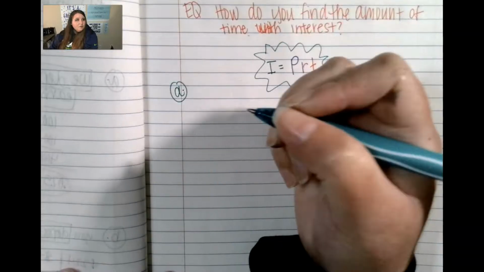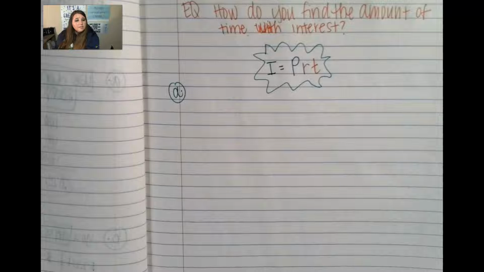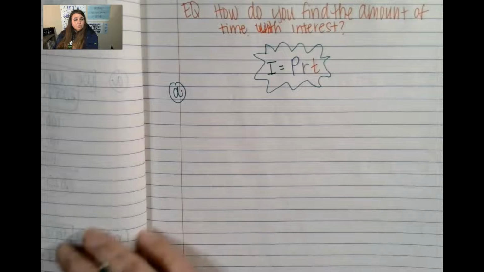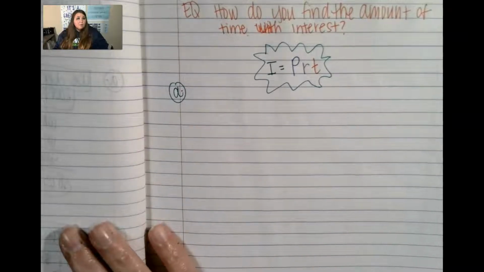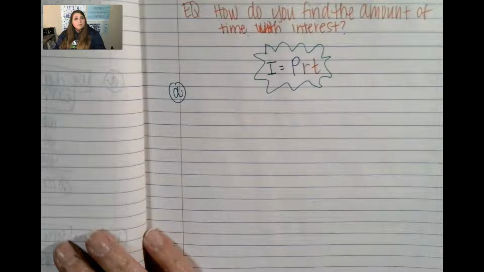So our first example. In our example today, we are looking at time. It says that a bank offers 3 different savings accounts. The simple annual interest rate is determined by the principal. So how much money you deposit.